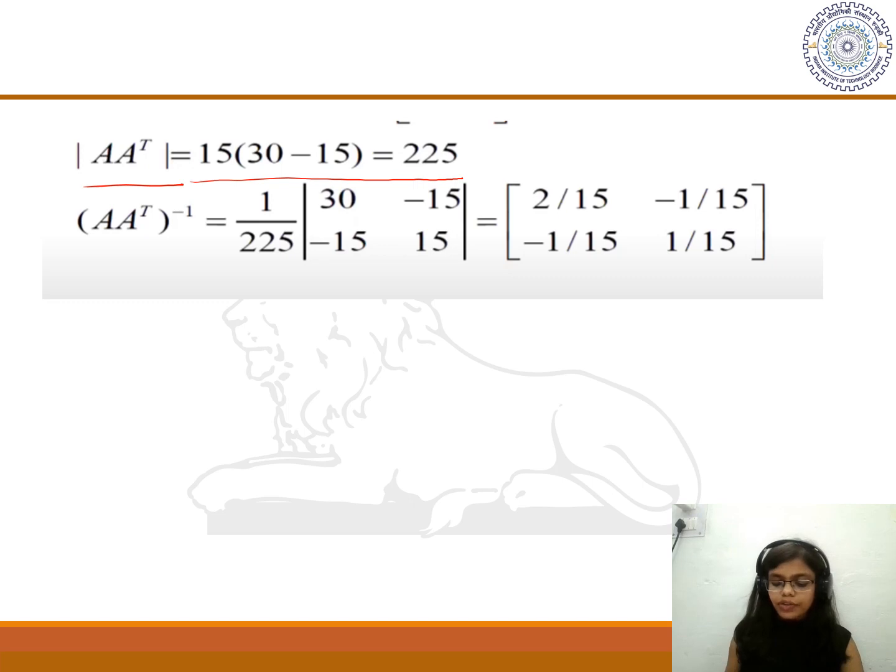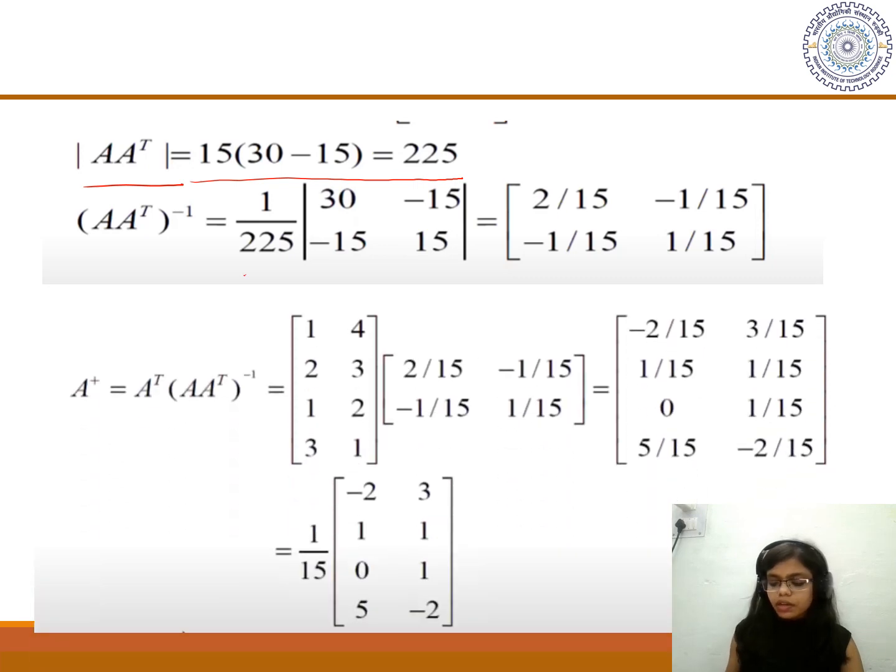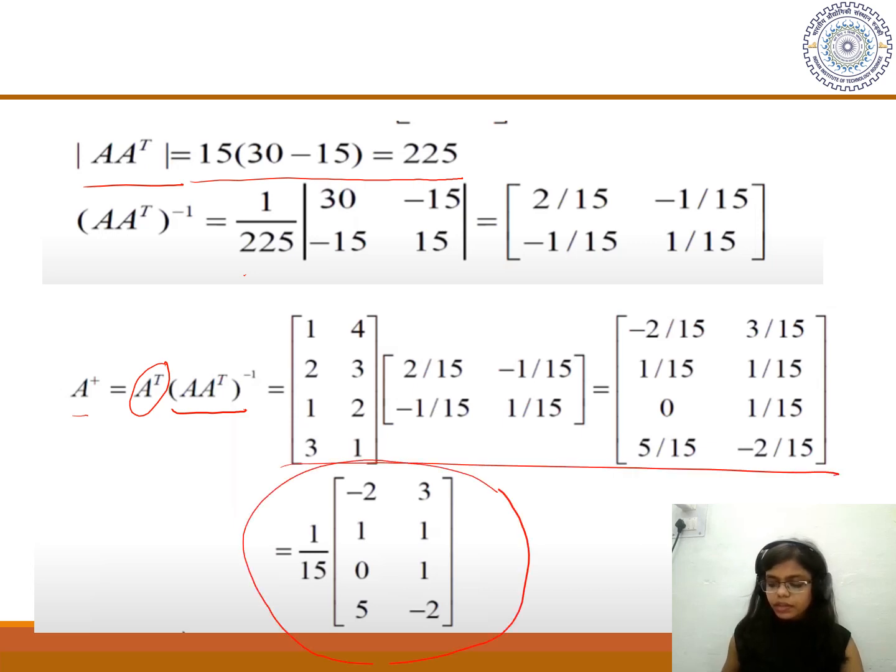Then again we find the inverse of A into A transpose, simply using the formula. Then to find the pseudo inverse, we pre-multiply A transpose to the matrix we just calculated, A A transpose whole inverse, and here we are with our answer. So this is how we found a right inverse of a matrix.